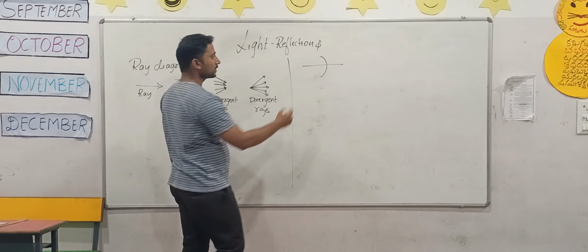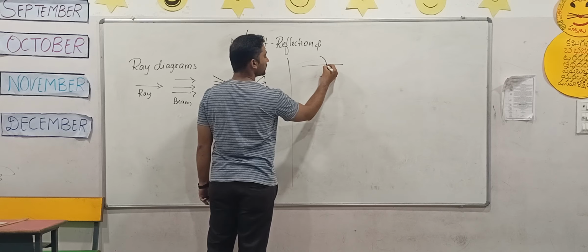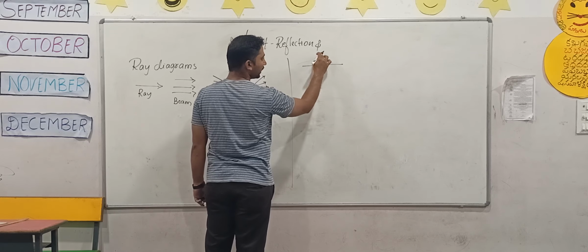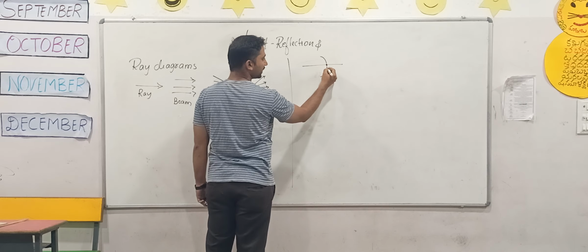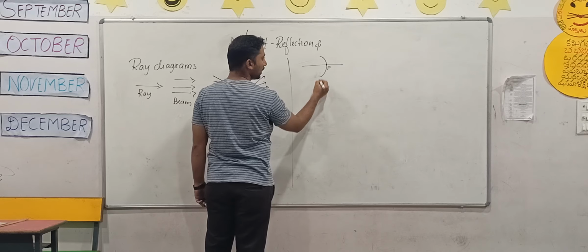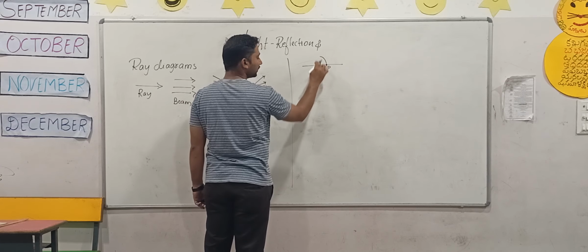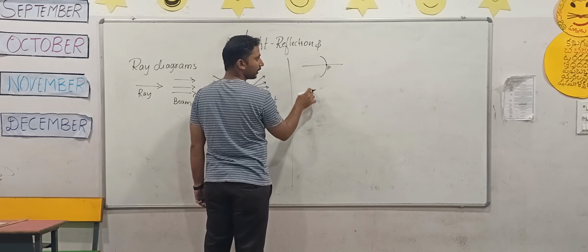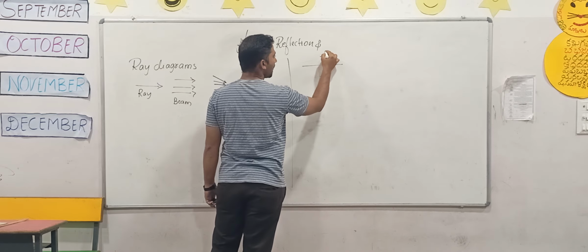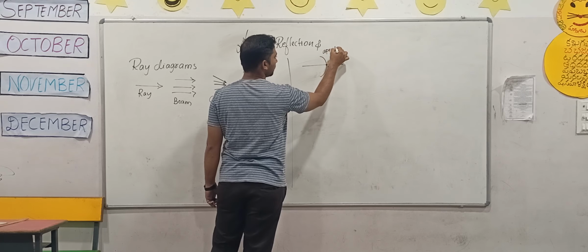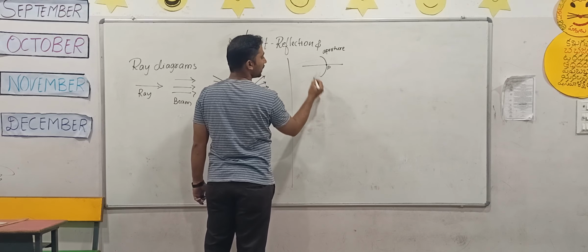Now we have to study how a concave mirror reflects rays. This reflecting surface has a center point which is called the pole, and the length of the concave or convex mirror is called the aperture.